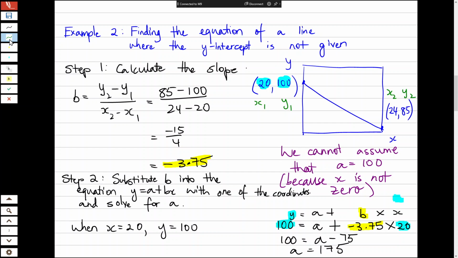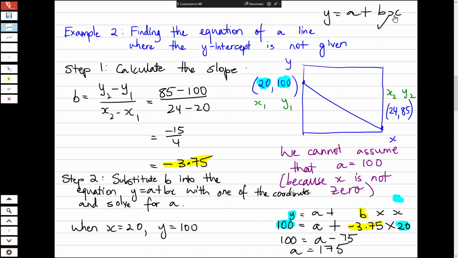Because in order to finish this question, I need two numbers. I need to be able to write down y equals a plus bx, with a and b replaced with numbers. So we found b. Therefore, I'm going to need to do another calculation to find a. And that's what the second step is about.